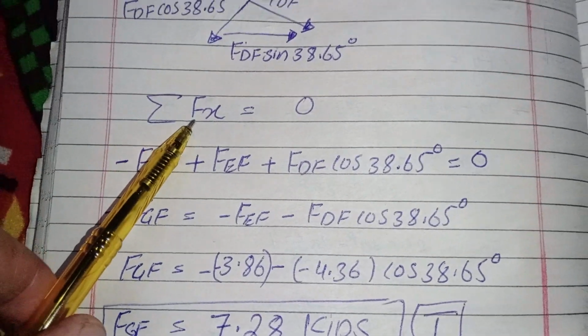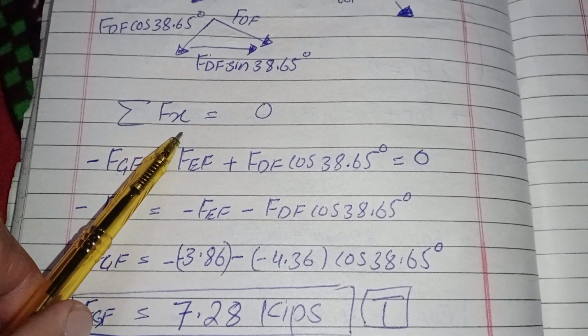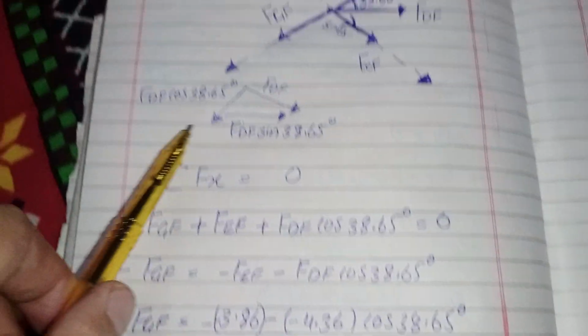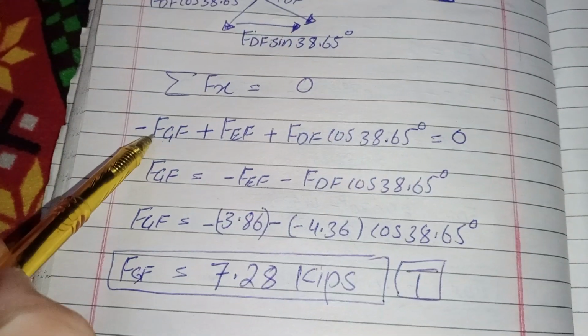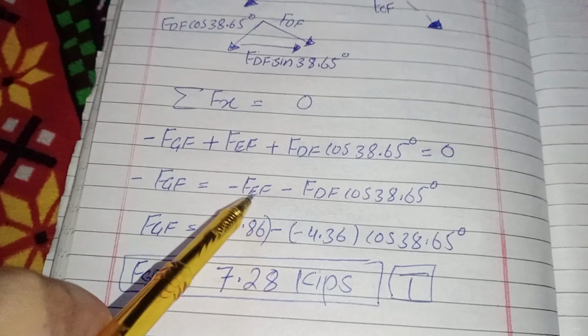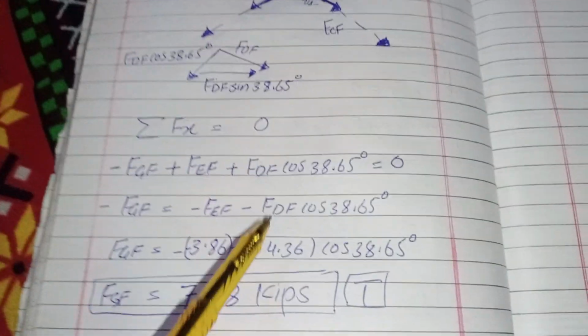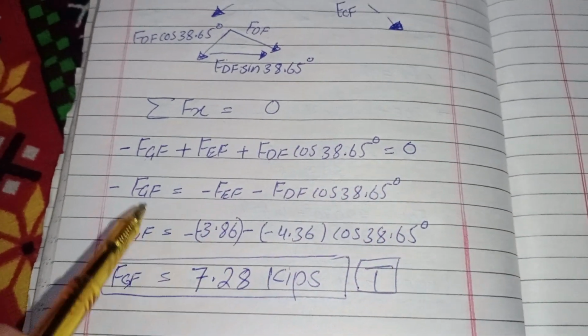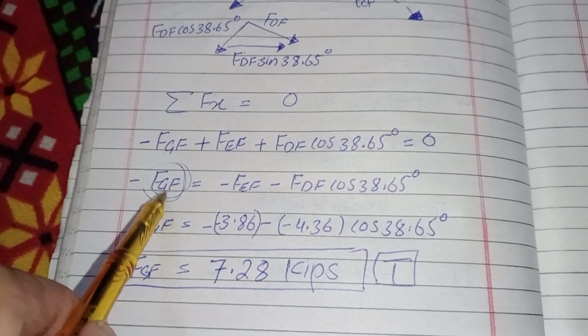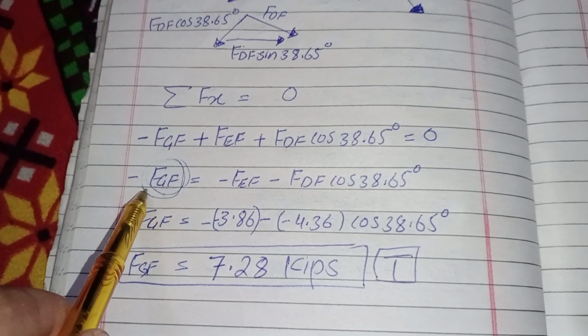Now I want to take summation of all horizontal forces in the x-axis. Horizontal force is equal to 0. So negative FGF plus FEF, positive FEF, and plus FDF, the horizontal component of this FDF. So FDF cos 38.65 equals 0. I want to find the force in member GF.